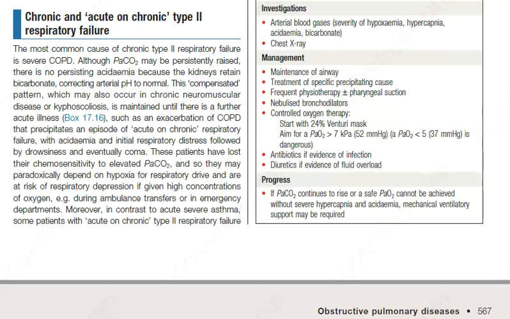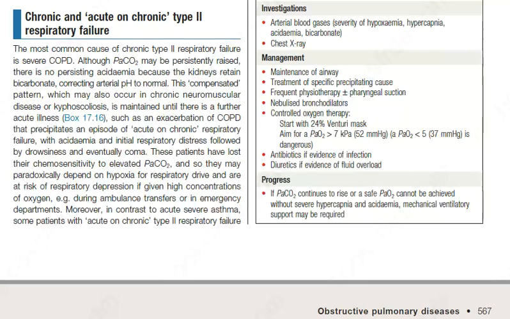This compensated pattern, which may also occur in chronic neuromuscular disease or kyphoscoliosis, is maintained until there is a further acute illness, such as an exacerbation of COPD that precipitates an episode of acute on chronic respiratory failure, with acidemia and initial respiratory distress followed by drowsiness and eventually coma.